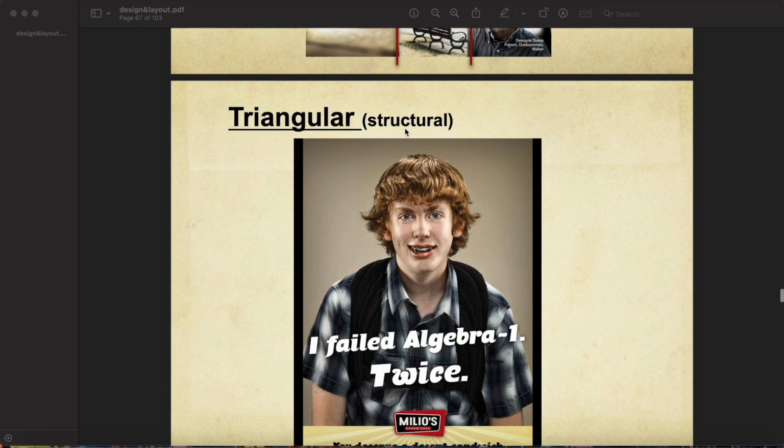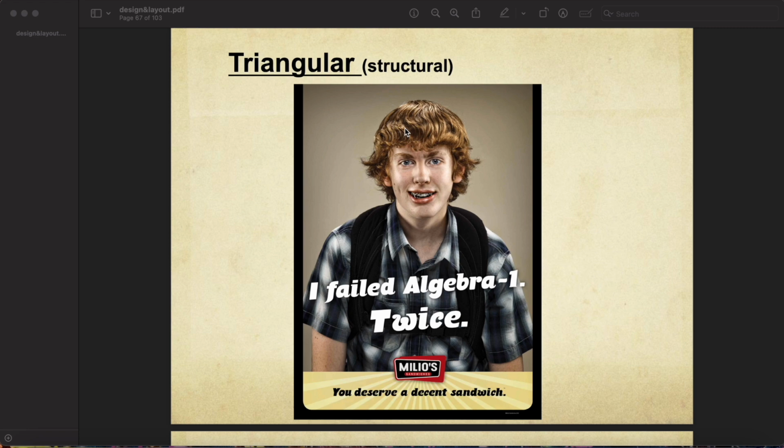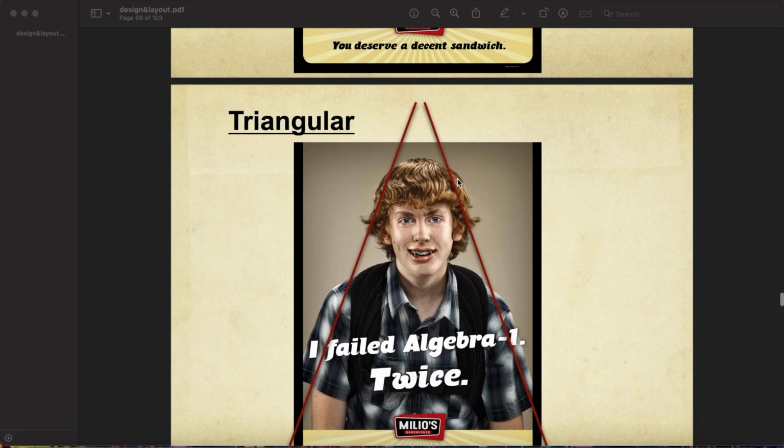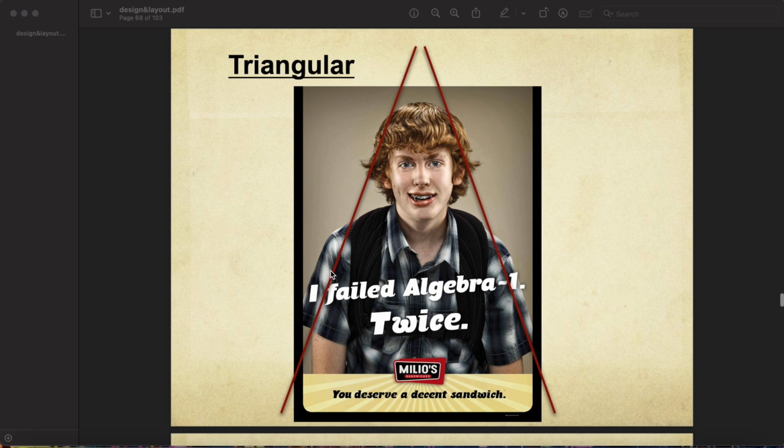Then we have triangular, which is structural. And you can see that triangle right there, where the individual's face and head is the top of the triangle, and then shoulders, and then the very base of the triangle is the slogan, "You deserve a decent sandwich."